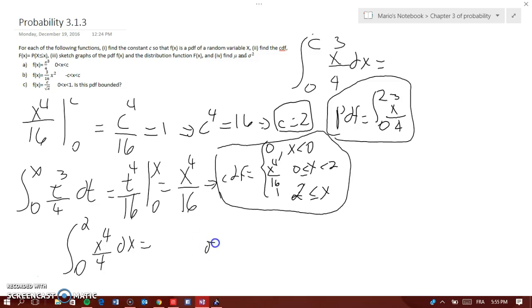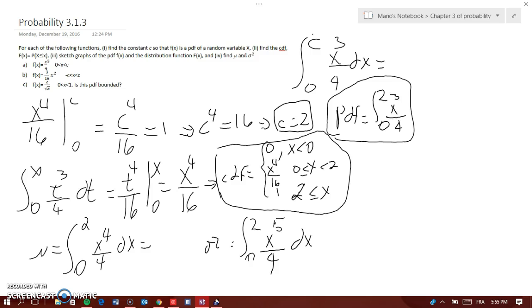And the variance would be the integral from 0 to 2 of x to the 5, because variance uses x squared times x times f of x. So basically that's what it is.